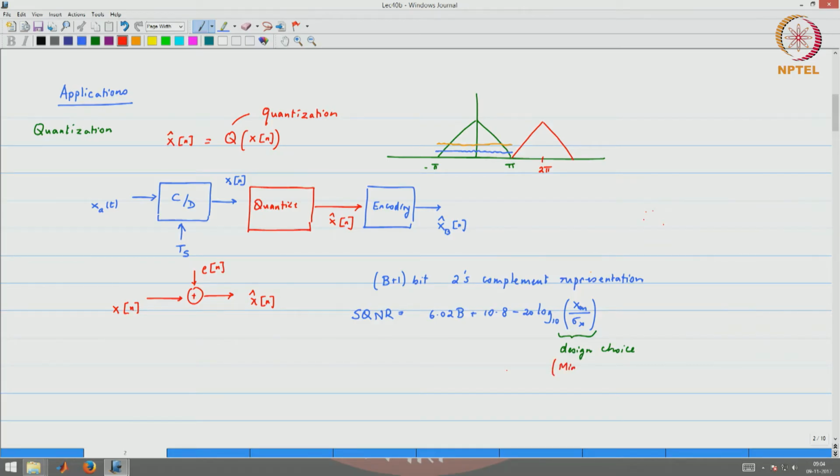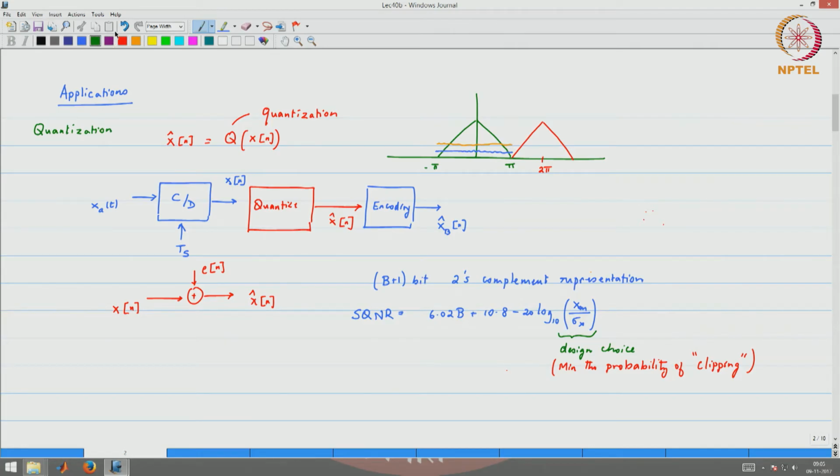The reason is that clipping gives you a very nonlinear distortion, a very severe form of distortion. You want to capture most of your signals within the range for which you have designed your A to D. Now, clipping is nonlinear.